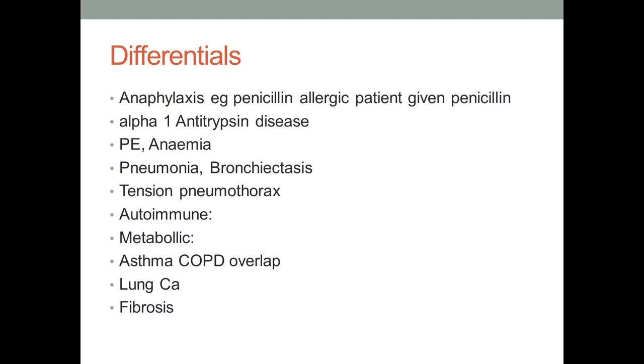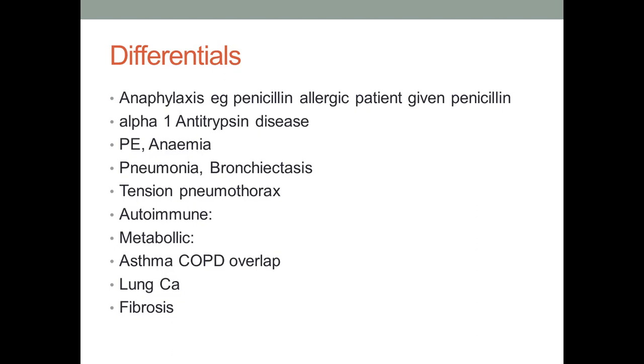Pulmonary embolism, anemia: you should ask the risk factors for pulmonary embolism and can do CT pulmonary angiography if you are suspecting pulmonary embolism, and anemia by performing hemoglobin complete blood count test. Pneumonia can be differentiated by doing chest X-ray. In bronchiectasis there will be copious sputum for the last so many months and years.